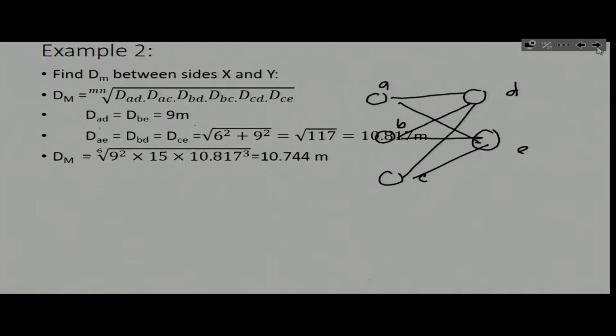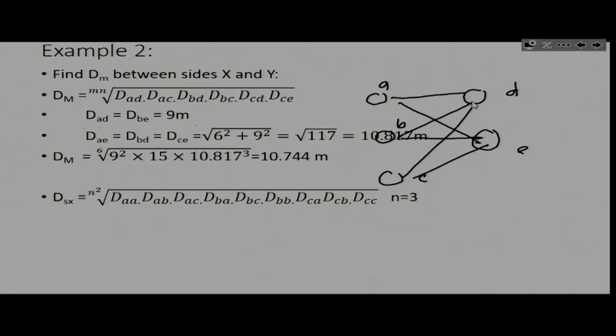So therefore Dm is the mn-th root, where m is 3 and n is 2. So that gives us the 6th root of 9 squared times 15 squared times 15 times 10.817, and that gives us 10.74 meters.